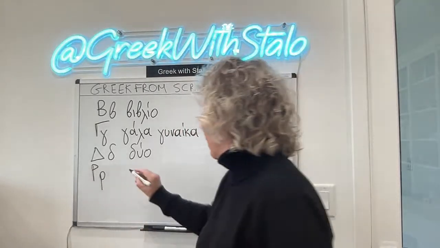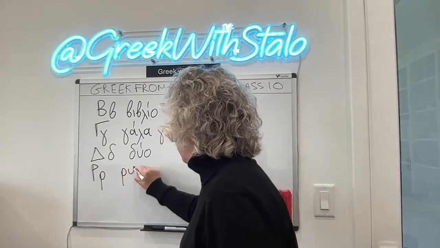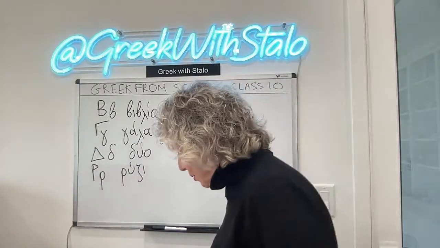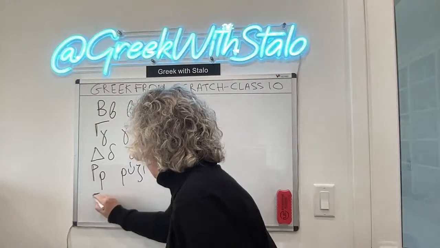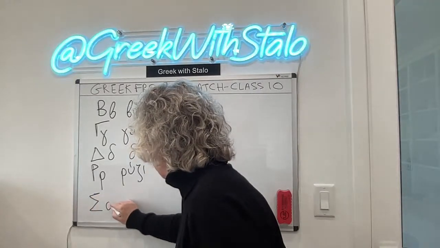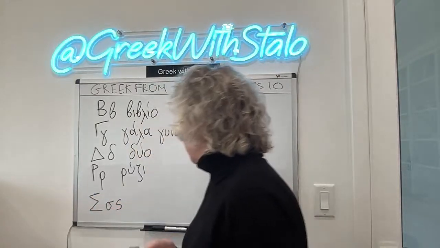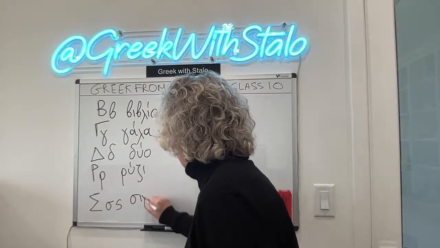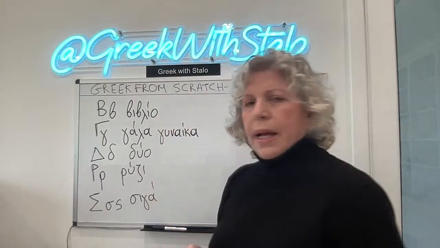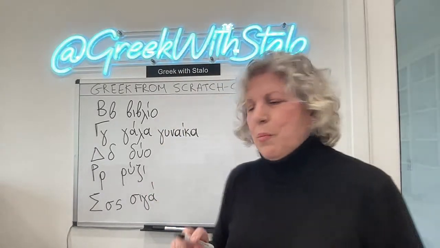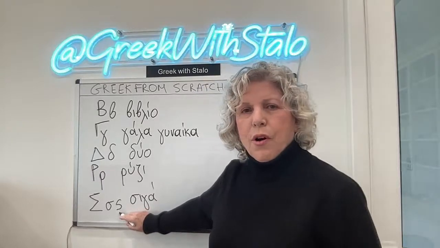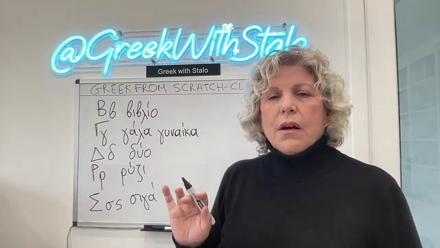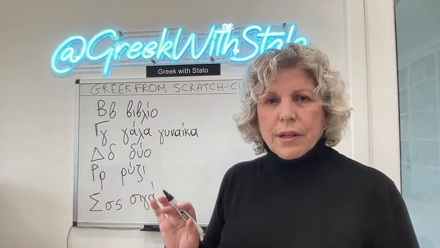Ρο, as in ρύζι. Ρύζι. Σίγμα, as in σιγά. And remember, this third form is the sigma that we use at the end of a lowercase word.